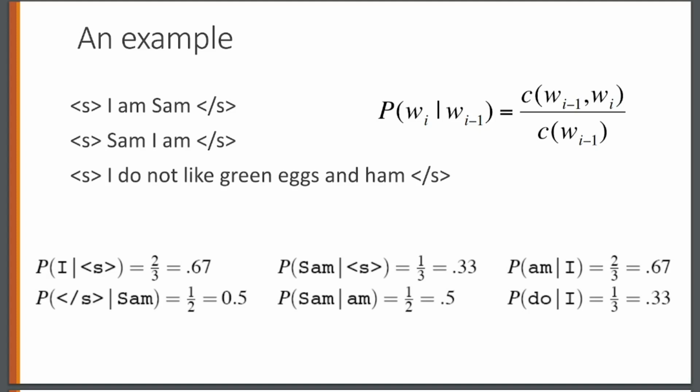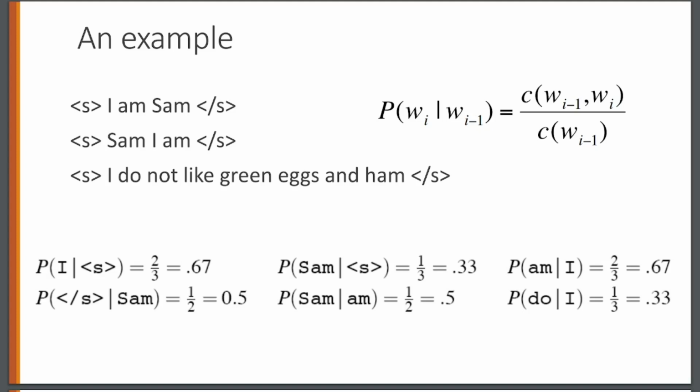Well, I see the probability of I following the start of the sentence marker, right? So the top left probability here is essentially just the probability that I starts a sentence. Okay, so we need to look at the sequence start sentence I. I see that in the first and third sentences.